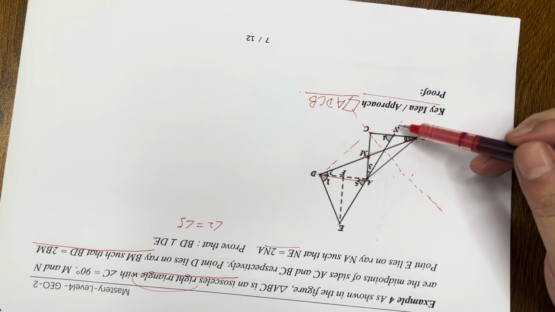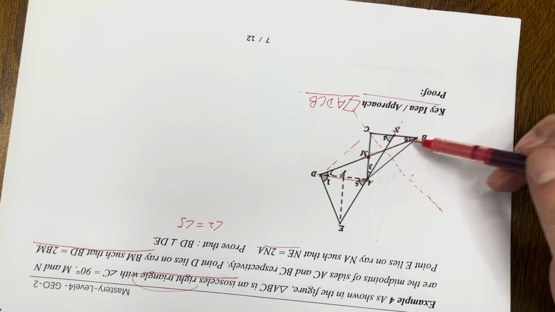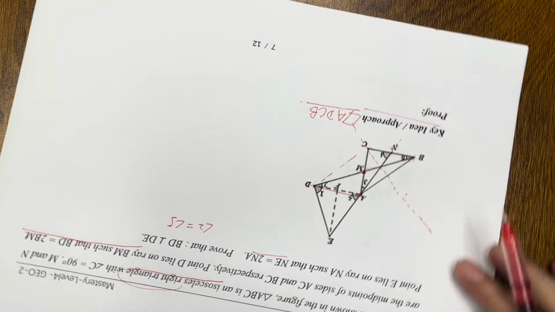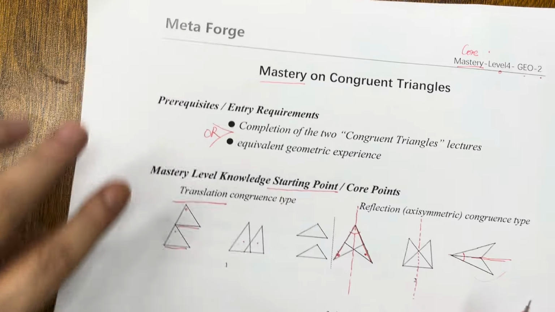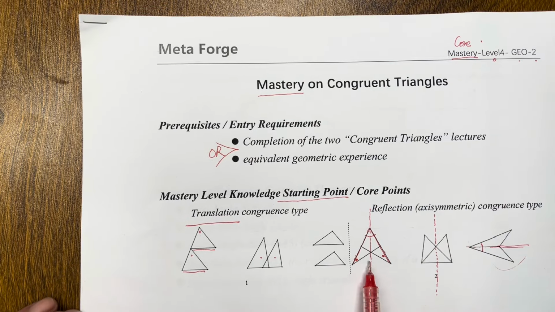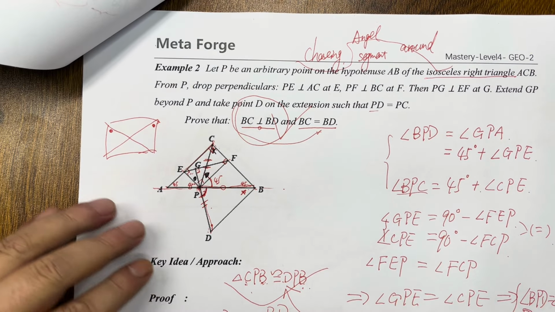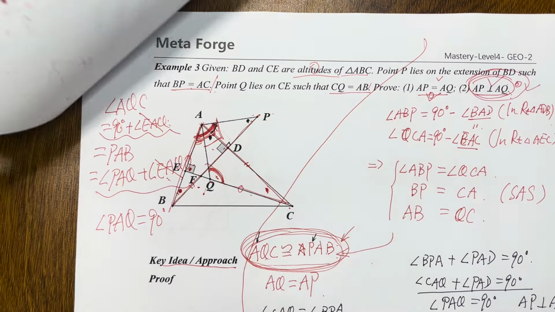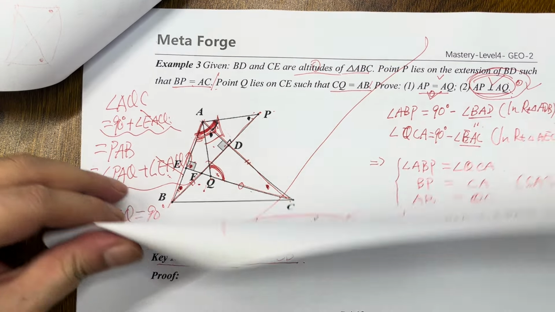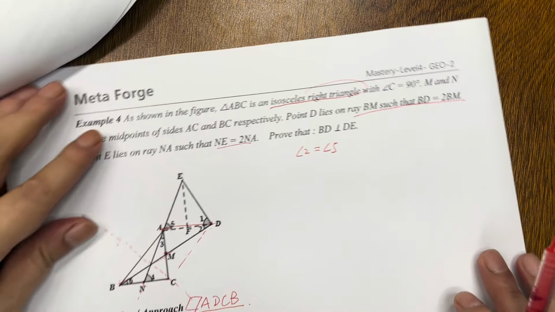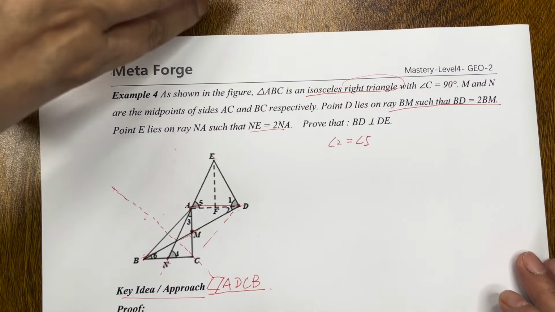The symmetry axis is here, just like this. So you must read a lot of geometry diagrams to enhance your ability in geometry. Okay. Come back to the original position.